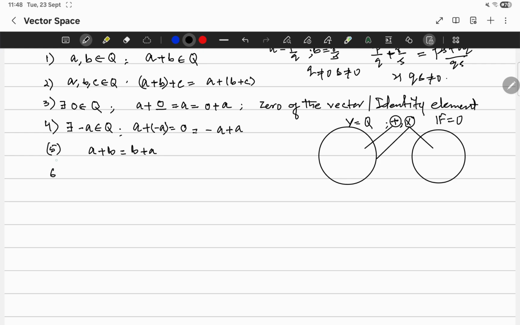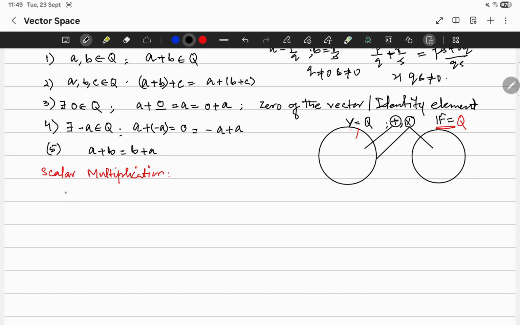So the sixth property, which we are calling the external composition or scalar multiplication. As we have already discussed, the elements of the field are called the scalars, and the elements of V are called the vectors when it is a vector space.